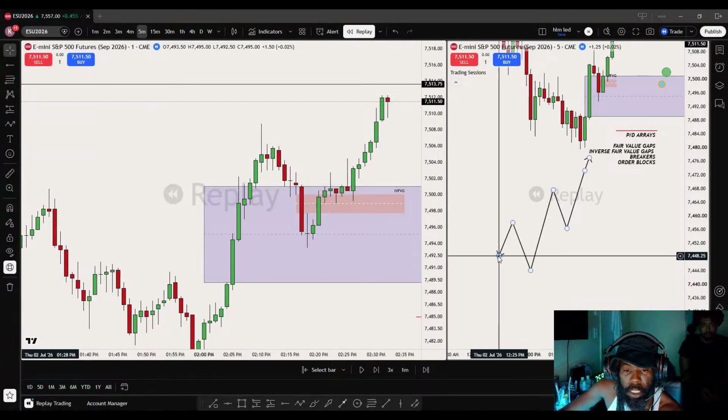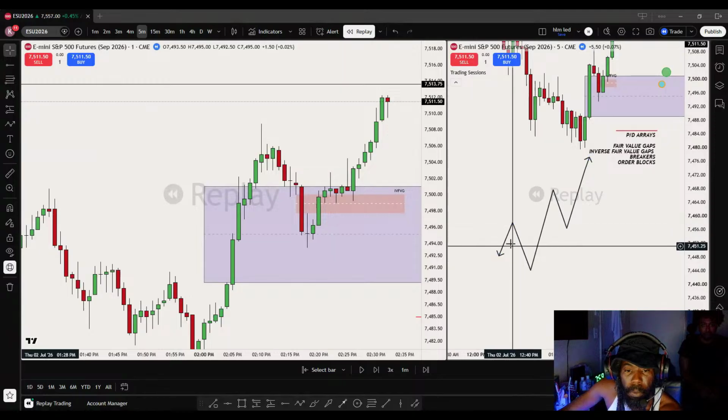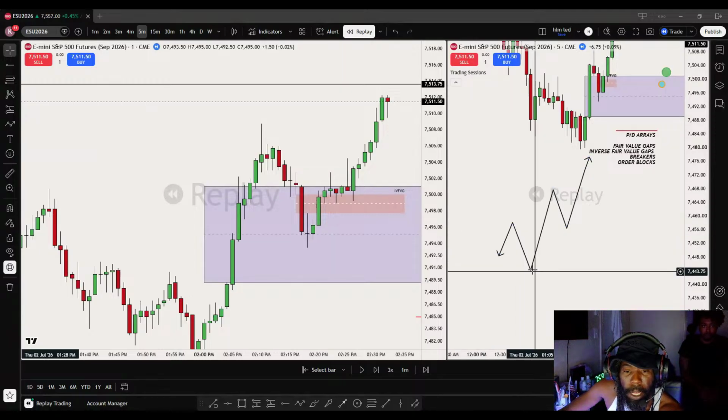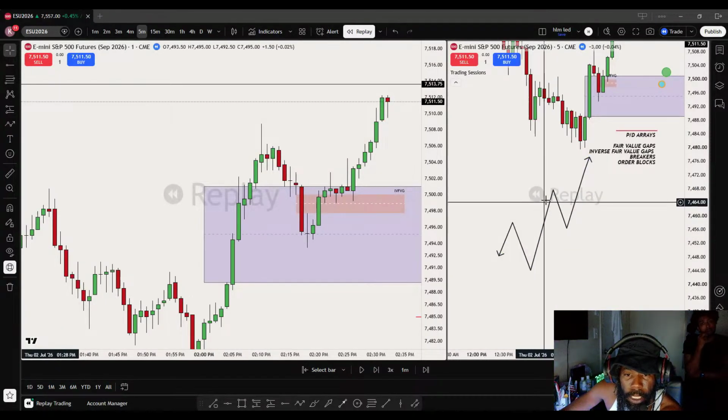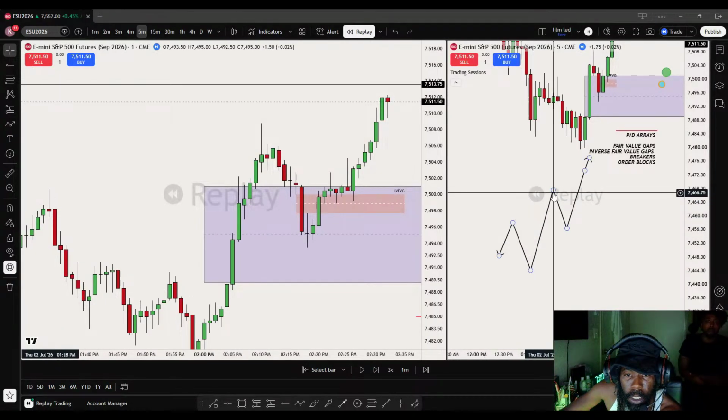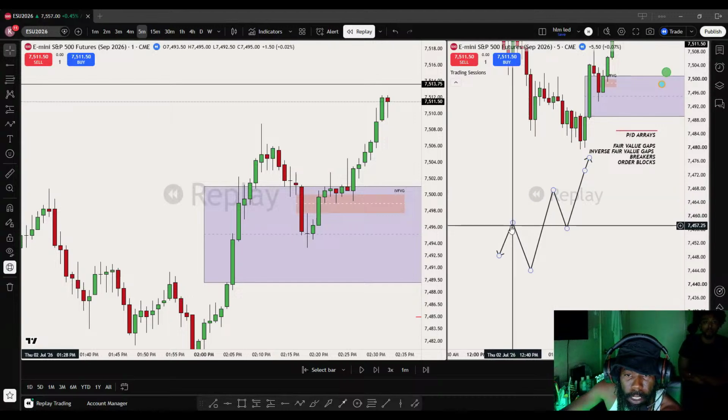Start with this low, and then we put in a high. Then we come down and put in a low that was lower than this low. You see what I'm talking about? And then we shoot up and make a high right here that was higher than this high.